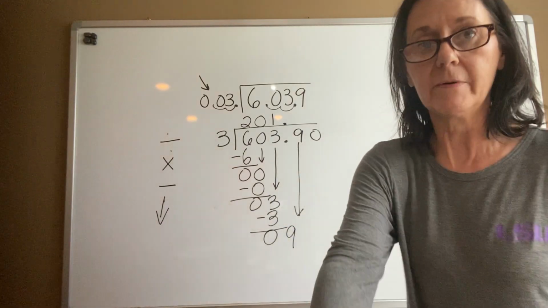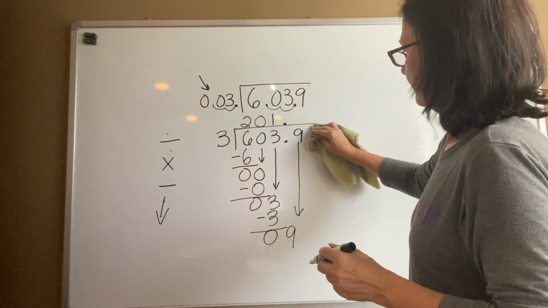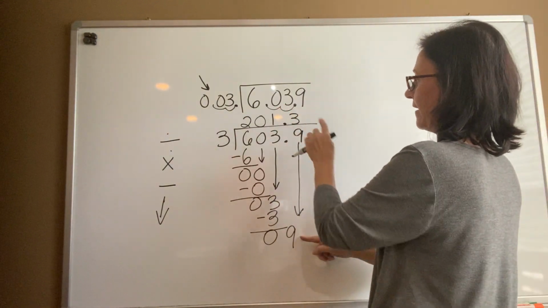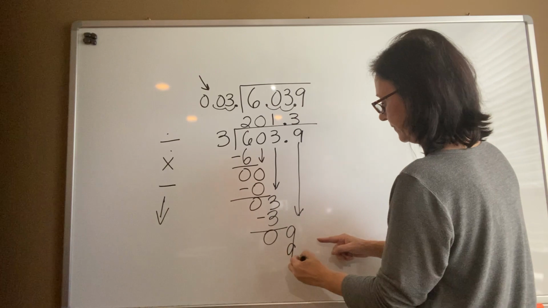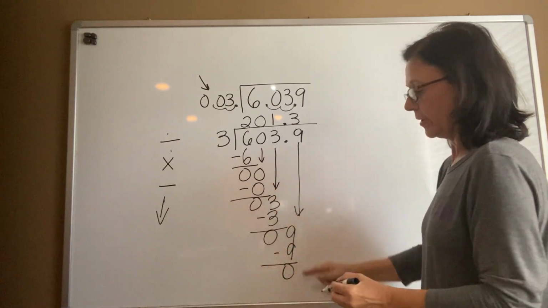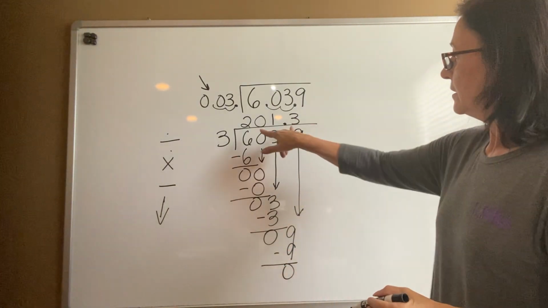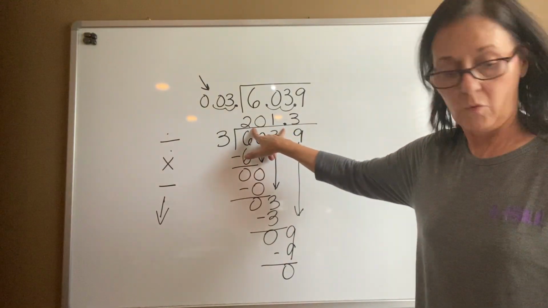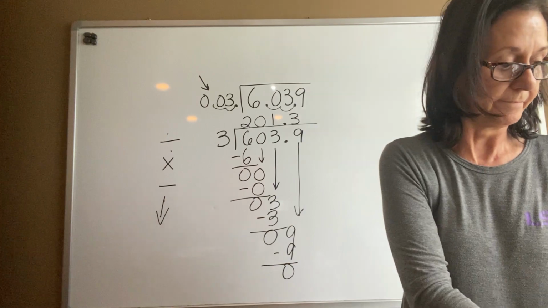I don't need that 0 because I'm not going to have a remainder. 9 divided by 3 is 3. I divide, I multiply, I subtract. I have no more numbers to bring down. So what's the quotient? 201.3.